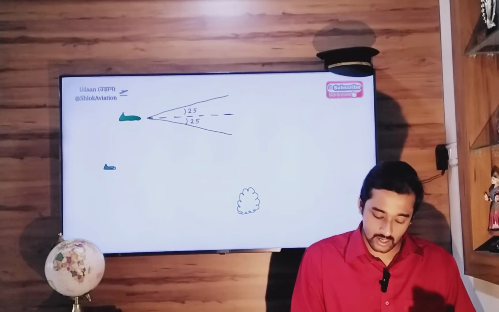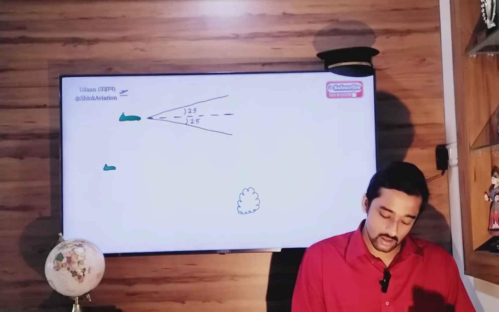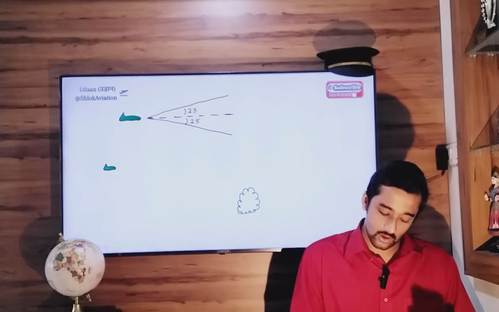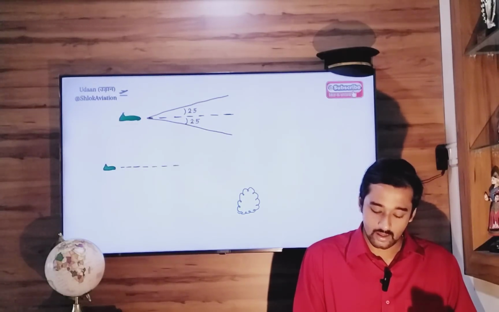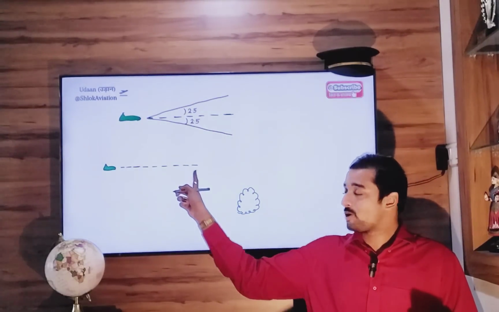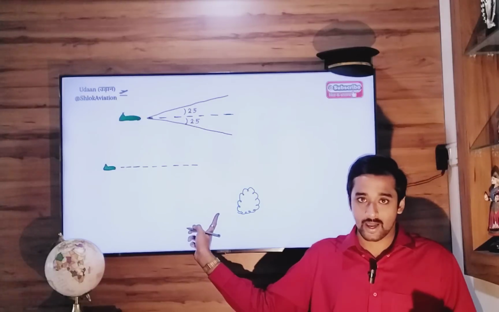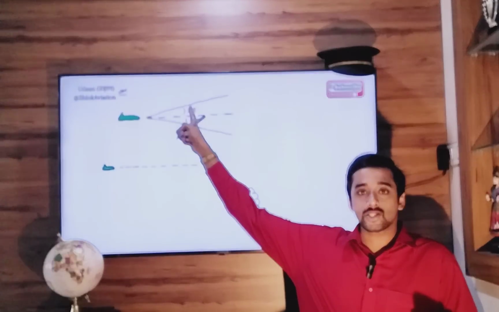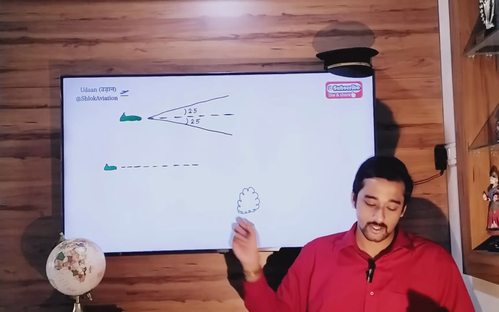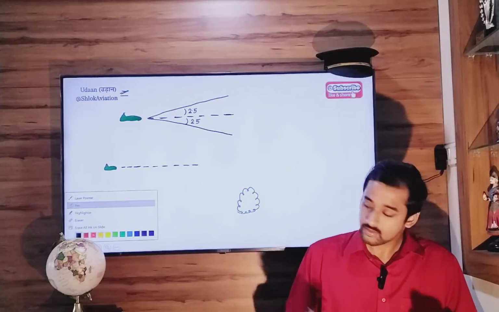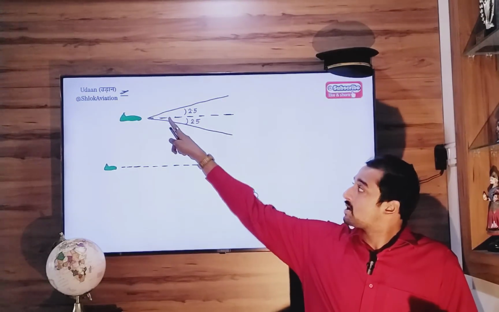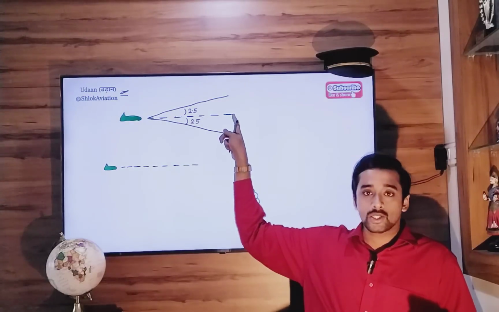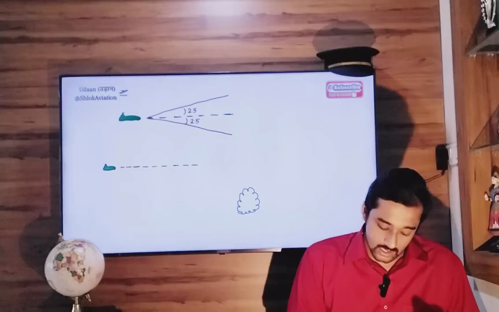So here is your aircraft. There is a horizontal datum just like before. Now, since the cloud is below your aircraft height, you will have to tilt this radar beam downwards. That means this top part of the radar beam will get aligned with this horizontal datum, somewhat like this.